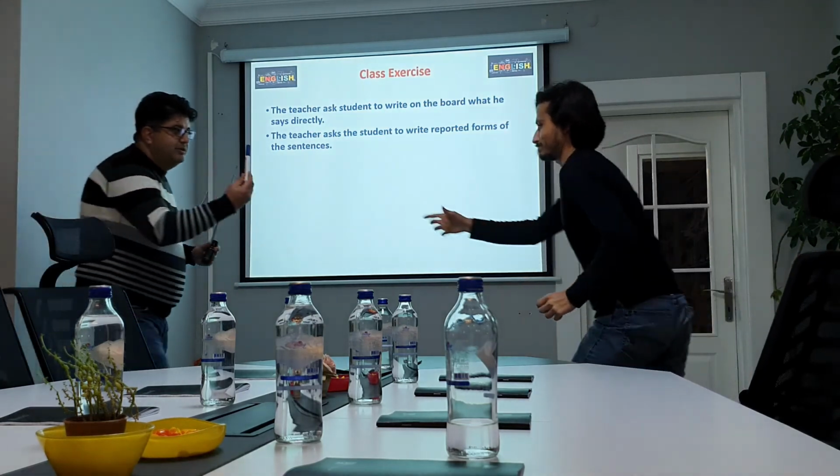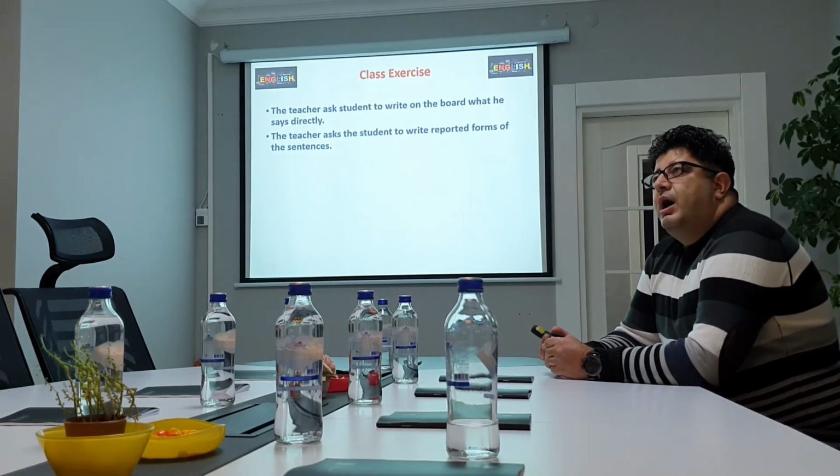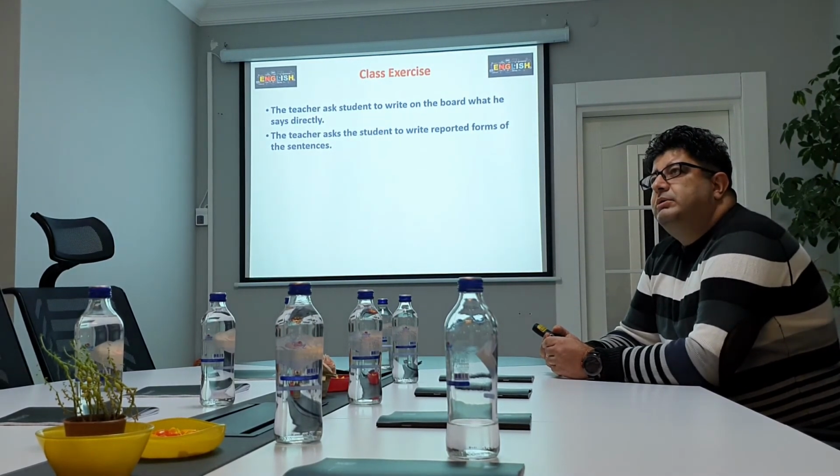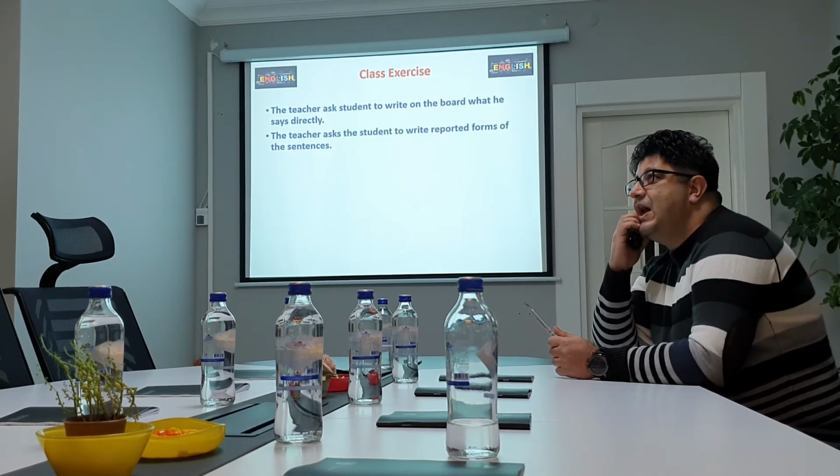There you go, the whiteboard is yours. Okay, direct form. Are you feeling happy today? Yes, that's a great one. Are you feeling happy today? Now you change it into indirect, reported form.